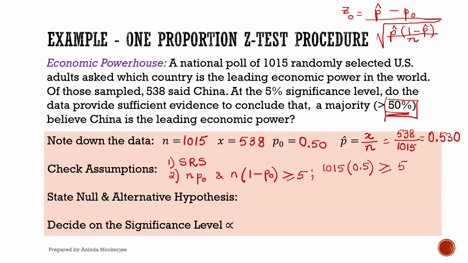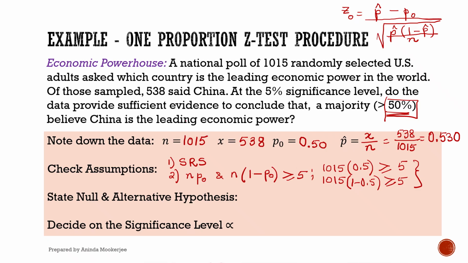And the other one is 1015 times 1 minus 0.5, p sub 0 being 0.5, 1 minus 0.5 is also going to be 0.5. So that is also going to be greater or equal to 5. Therefore, both conditions have been met, have been satisfied. Now we can go to stating the null and alternative hypothesis.